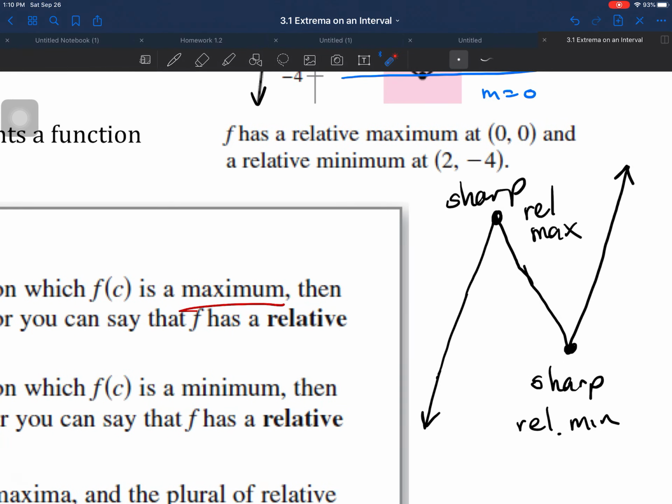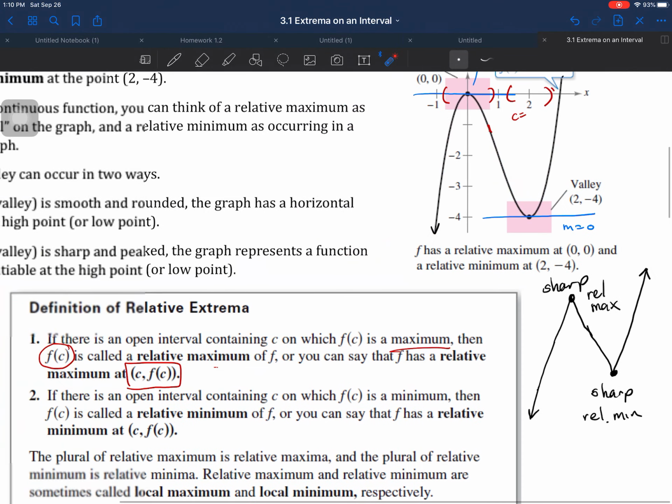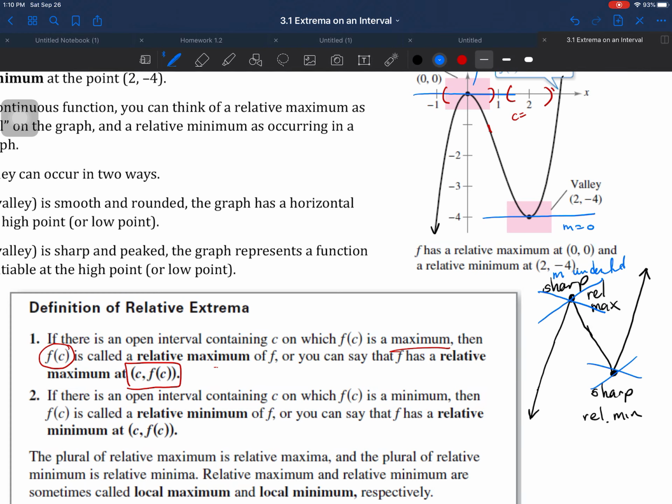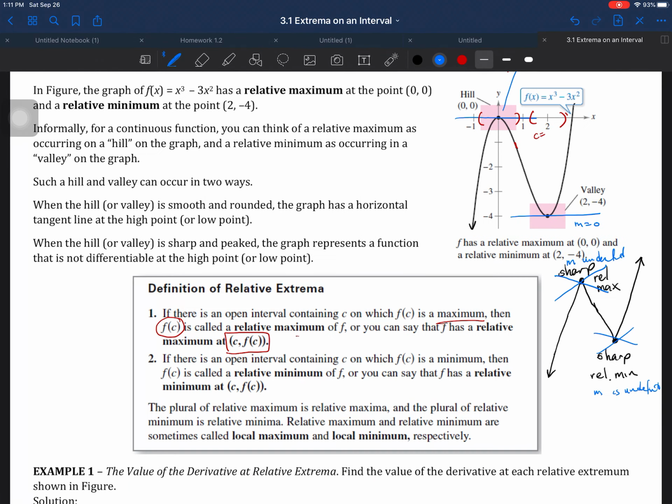But what we have here gives us a different alternative. We can see that in this example, the slope is undefined because there are so many slopes, so many tangent lines we can put here. So here the slope is undefined, and here it is also undefined. What I'm trying to say is we're trying to explore all the cases that we can get.